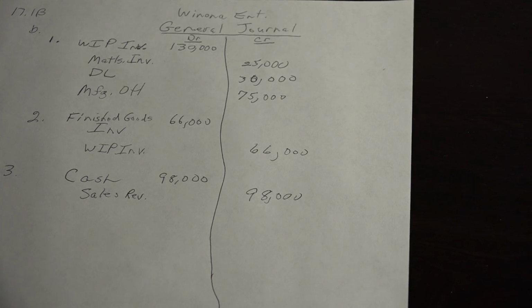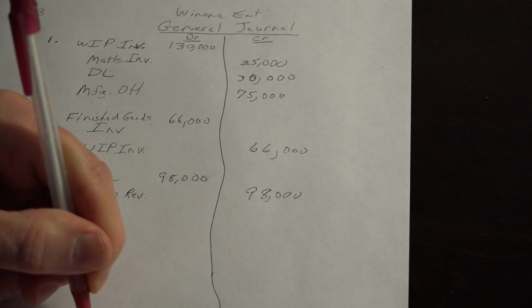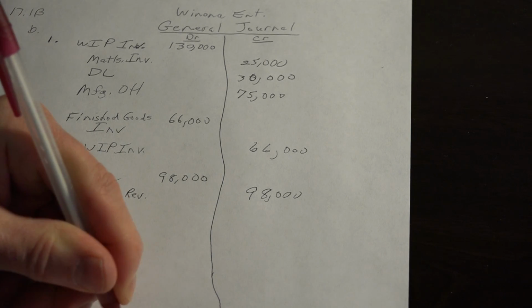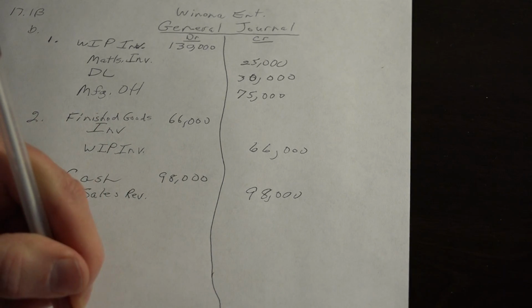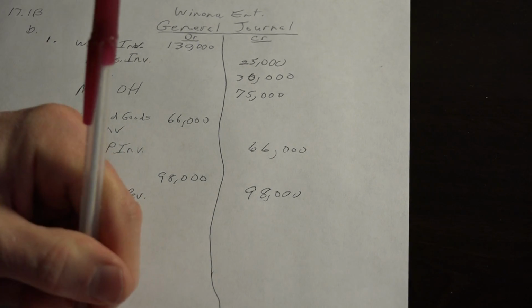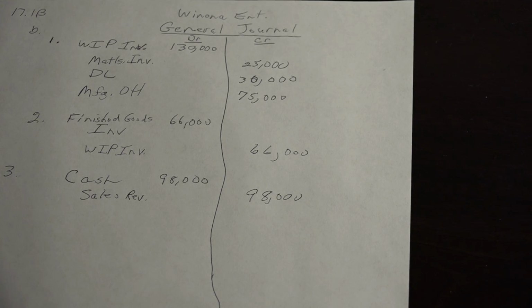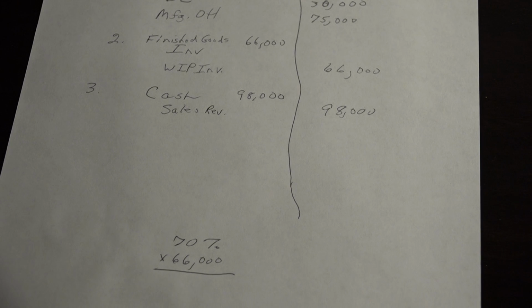So that's the same as saying the amount that was transferred from work in process to finished goods inventory during April. And so what is that? Well, they give you that it's 70% of the 66,000 that was transferred during the month.